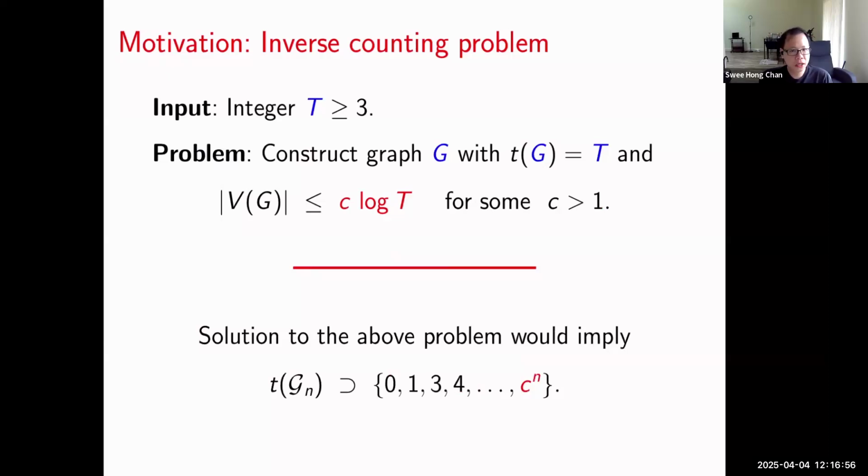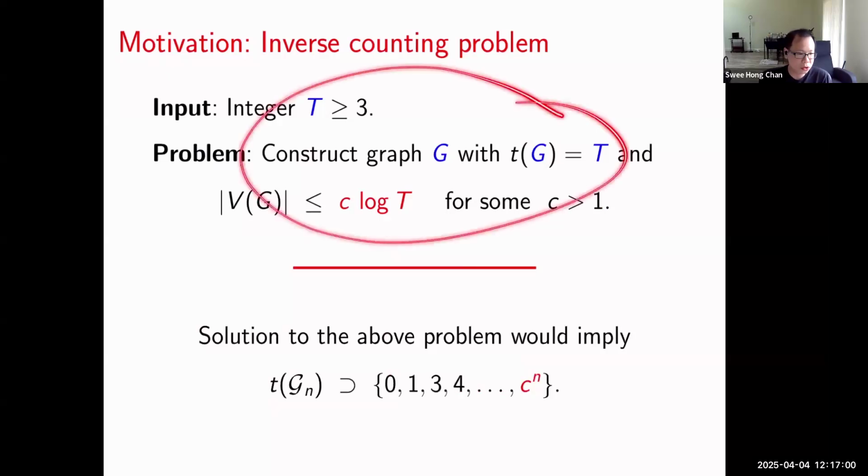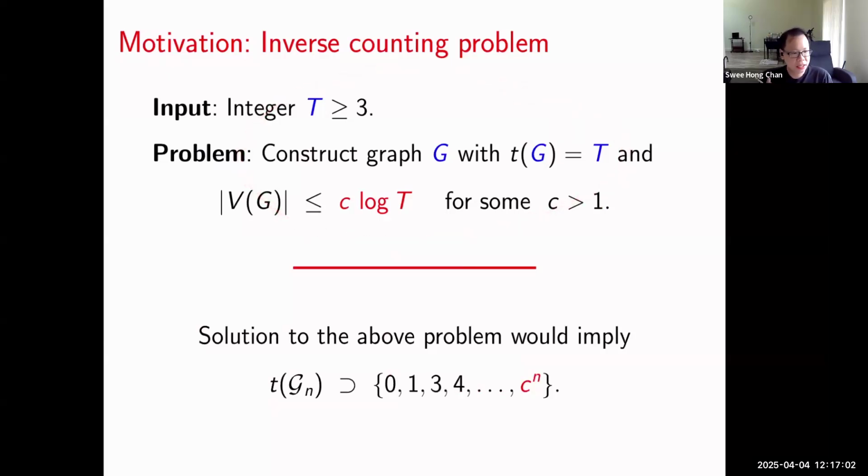Okay, and notice that if we can solve this problem, which today we will actually solve, then in particular it will follow that the numbers 0, 1, 3, 4 up to c to the power of n will appear inside your set T(G,n). In particular, this will solve the previous problem.